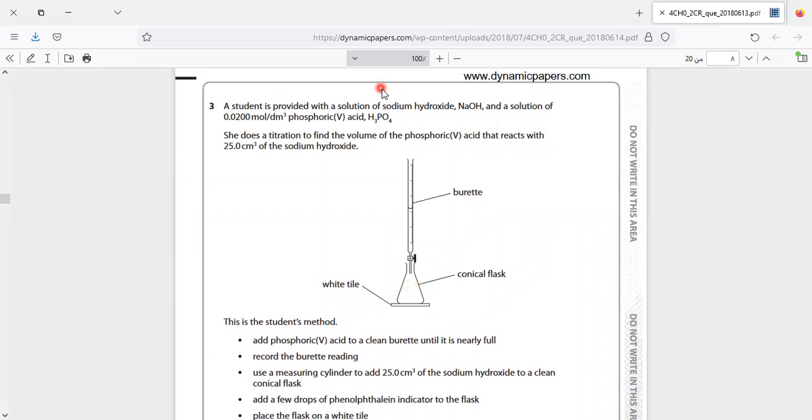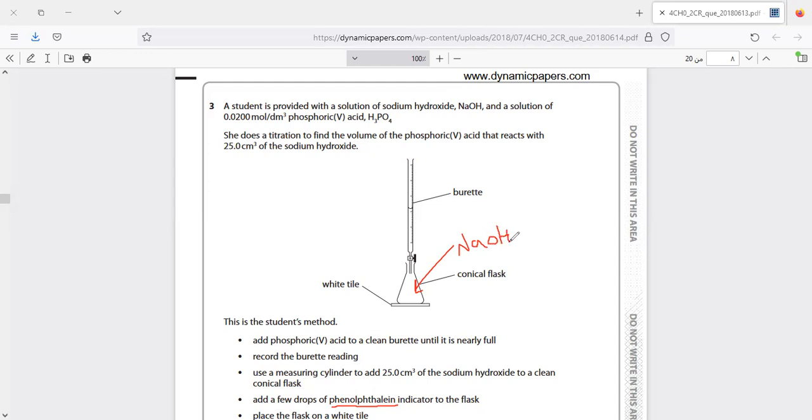So what she did, she added sodium hydroxide, NaOH, inside the conical flask, with phenolphthalein indicator. What is the color of phenolphthalein with sodium hydroxide? Pink.